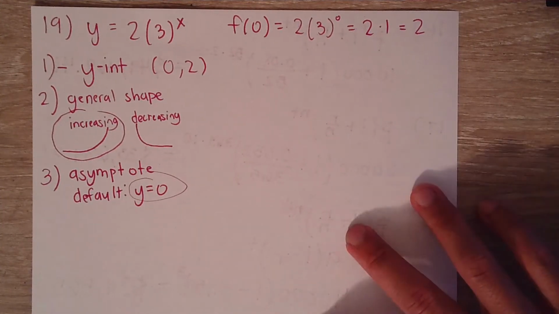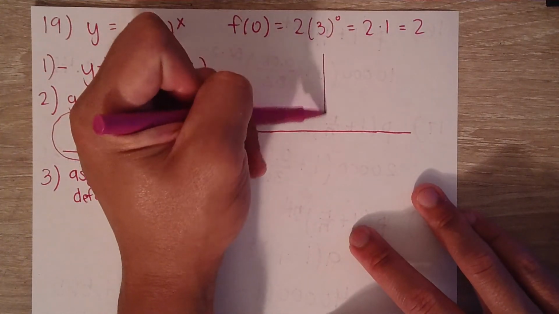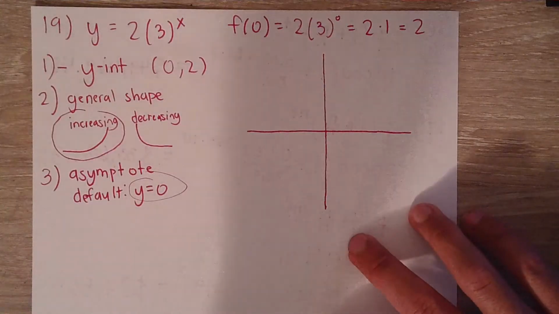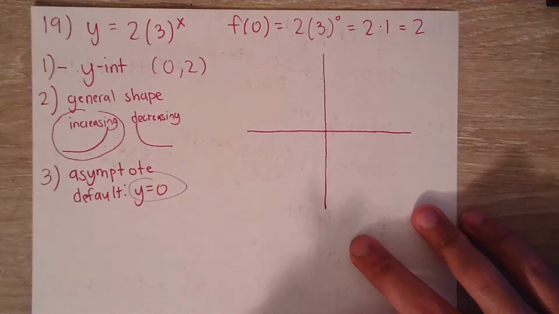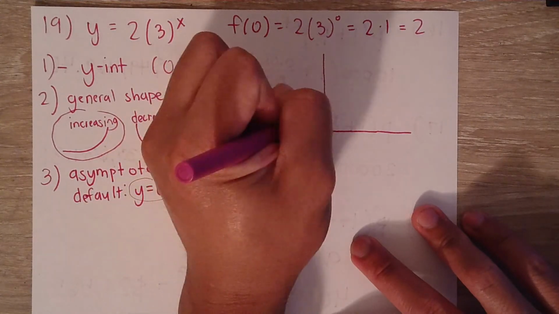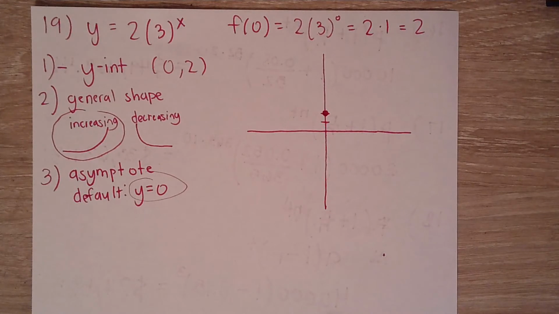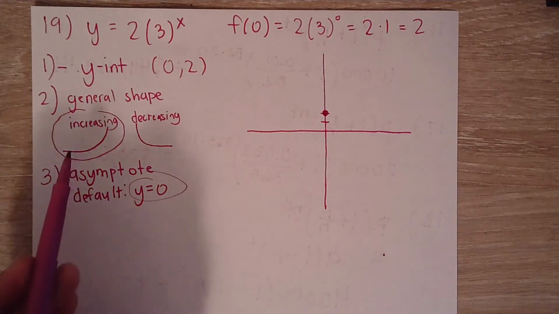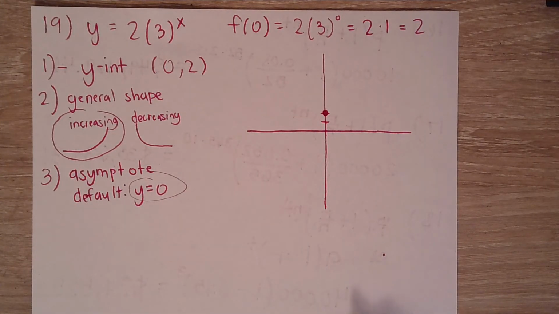So putting all three of those things together, let's go ahead and draw our x and y axes. All right, so it needs to increase. It needs to pass through the point 0, 2. Right, that's 1, 2. All right, so that's the only point you need in our graph. And then we just want the general shape of it increasing, and it needs to sort of approach our y is equal to 0 line.